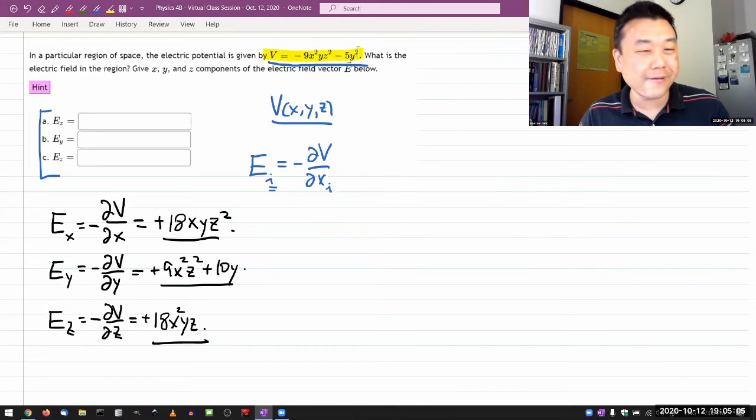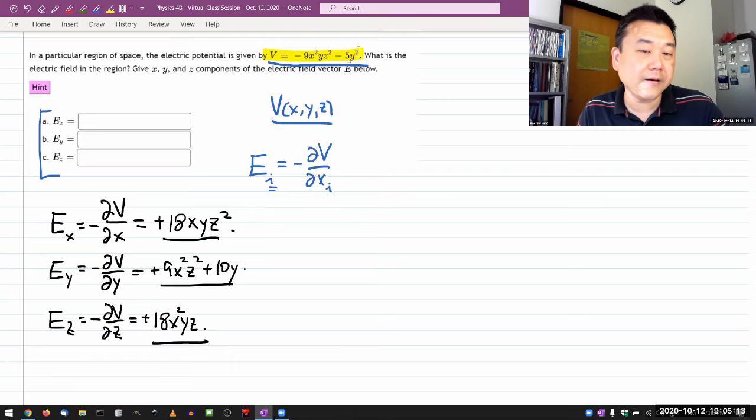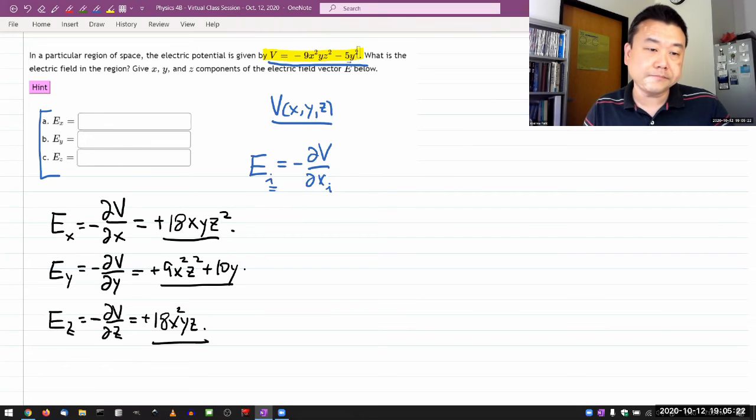There's no problem in doing that whatsoever. Now, what I will tell you is that you can't always do that with the electric field, at least not without potentially running into problems.